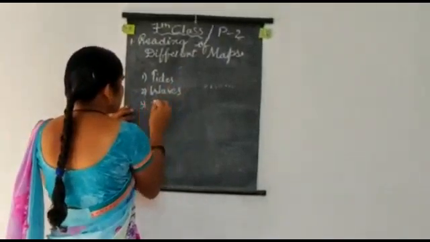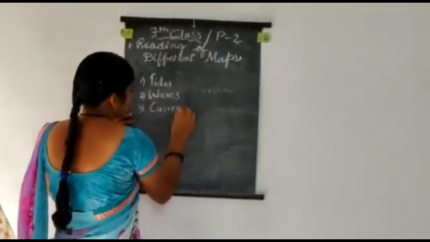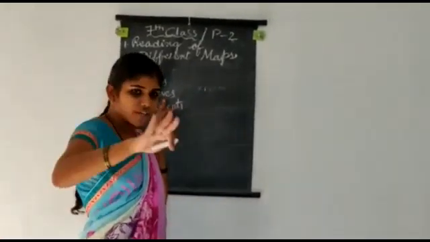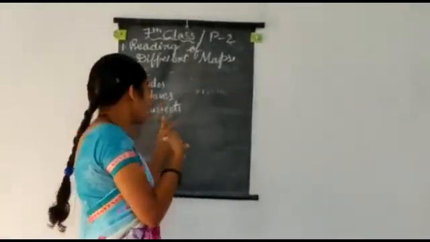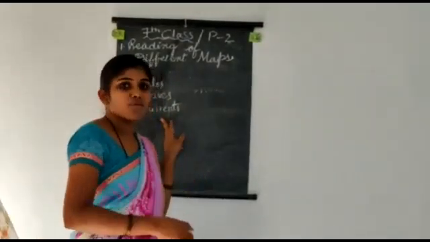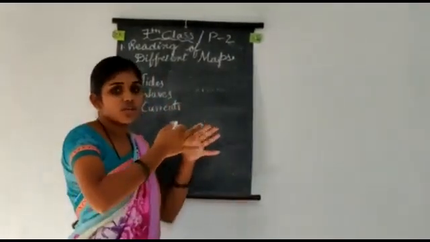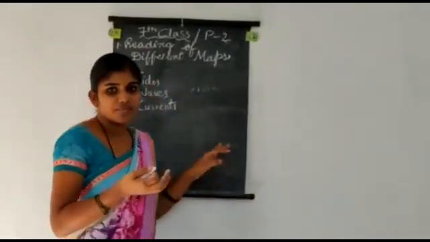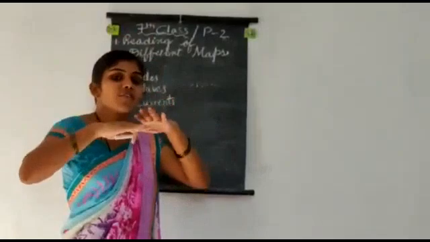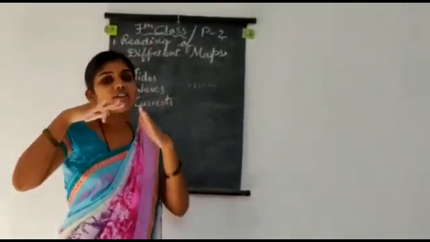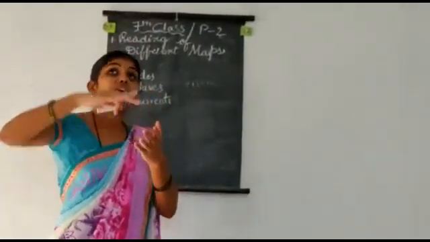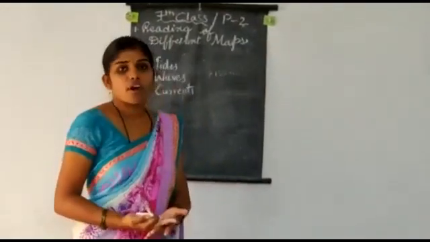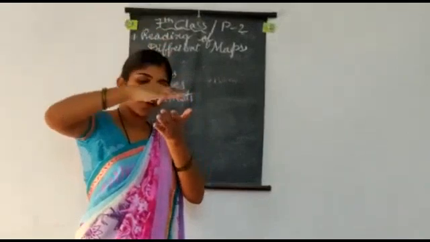Third one is currents. We already know waves. Currents means the movements which touch the coast and go back. And tides means the ups and downs. While the waves come, sometimes the wave goes to a very high height, and sometimes the wave goes to a low height.